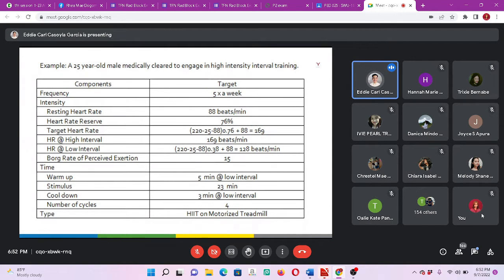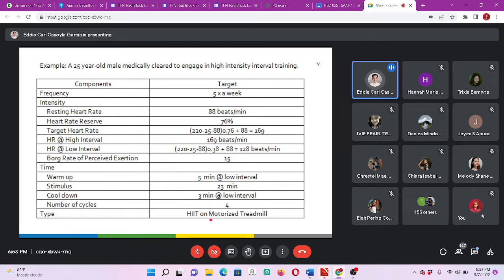And for moderate intensity, 1 cycle only. Okay. So again, for light intensity, 5 cycles. Moderate intensity, 1 cycle.